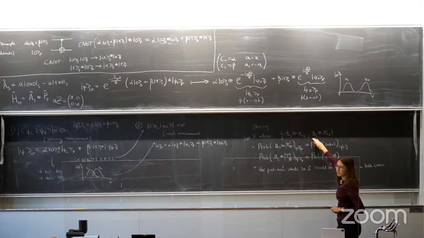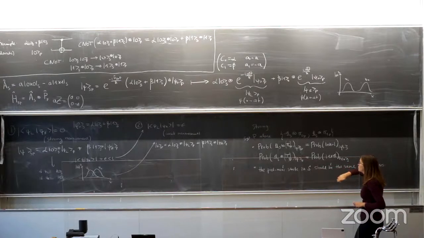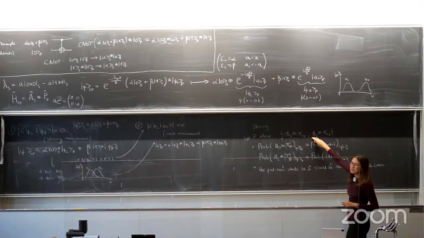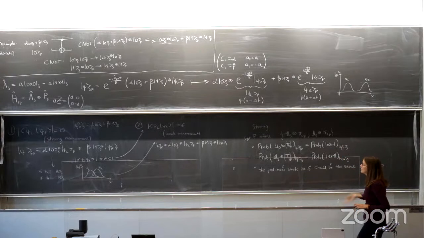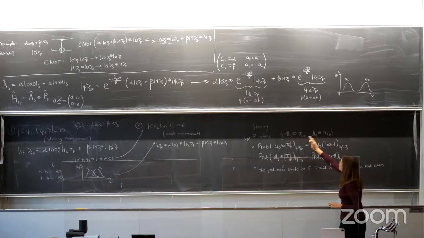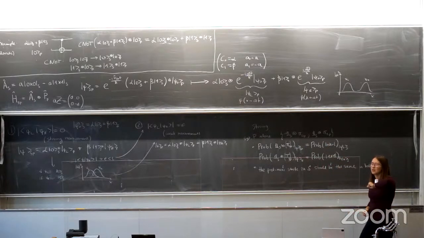So here, what I'm trying to do is find the measurement on the pointer, and when we write the projectors, they always correspond to a measurement. What I'm finding is a measurement on the pointer which would give me the same statistics as the measurement on the system alone.